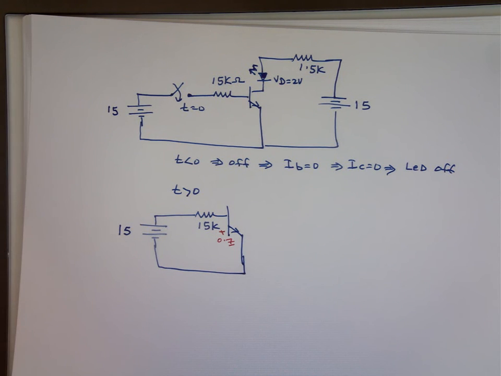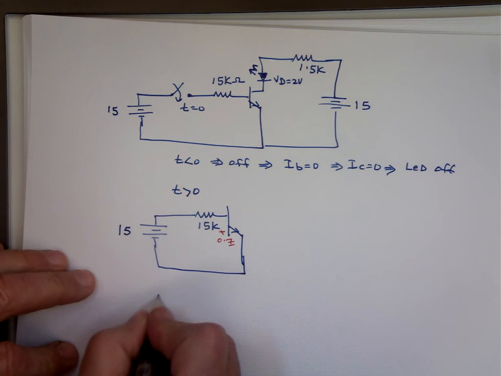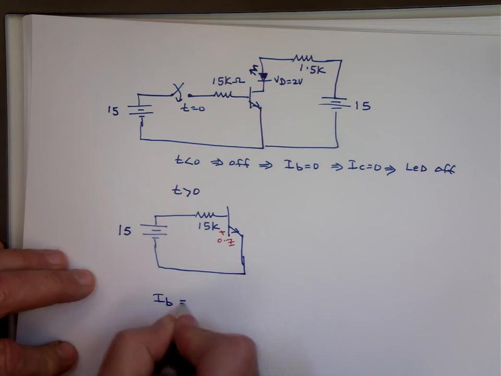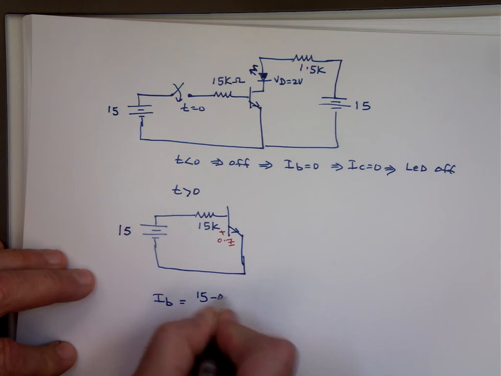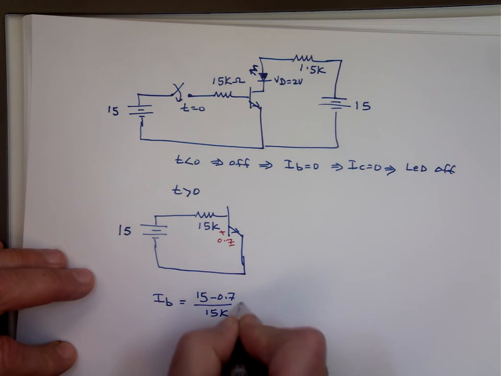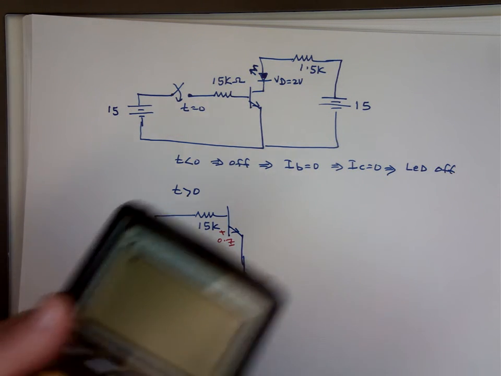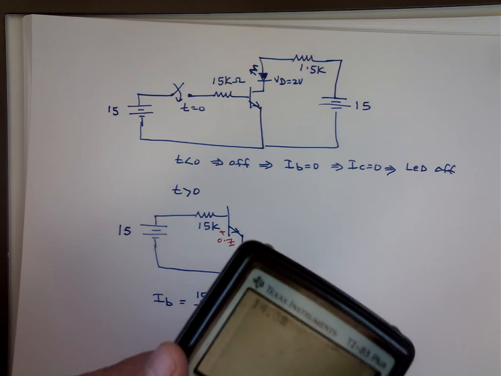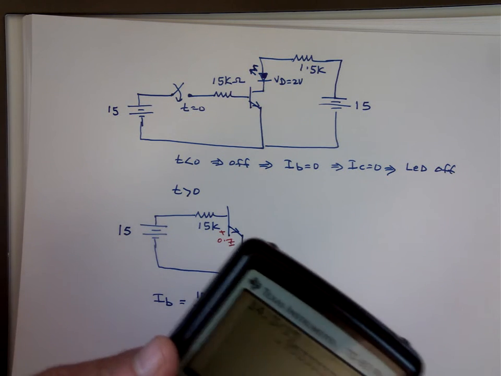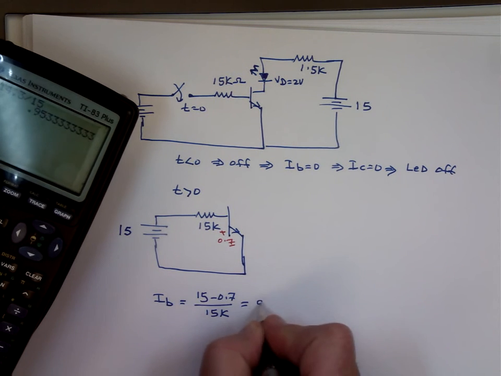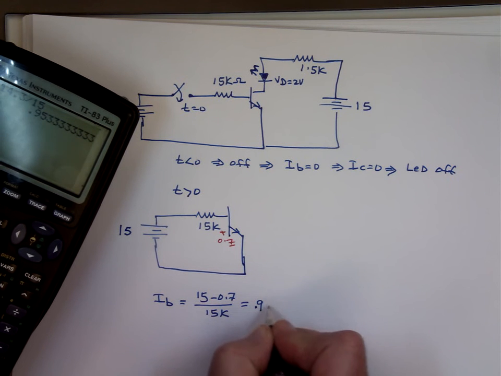So what's I sub B? 15 minus 0.7 over 15K. 14.3 divided by 15, which is what? 0.95 milliamp.